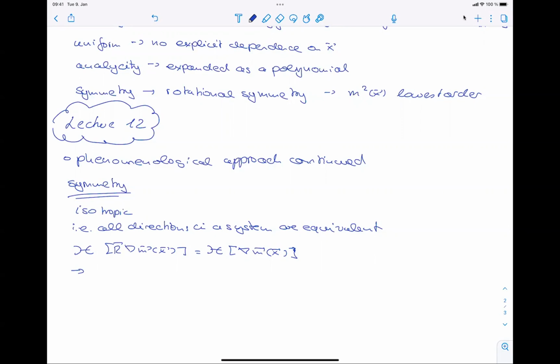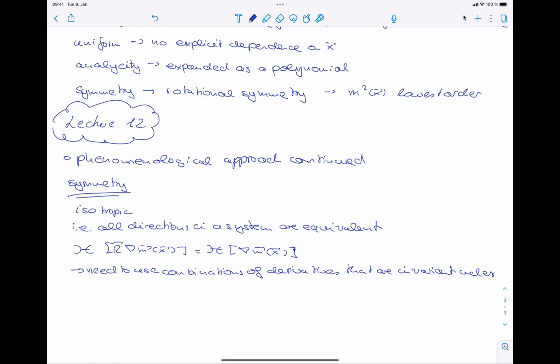So I need to use, more generally speaking, combinations of derivatives that are invariant under spatial rotations.